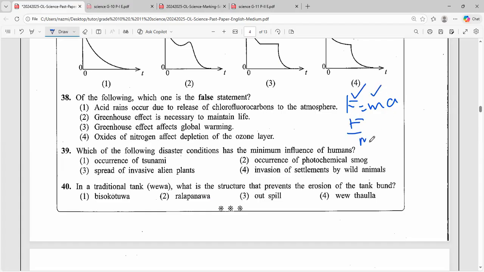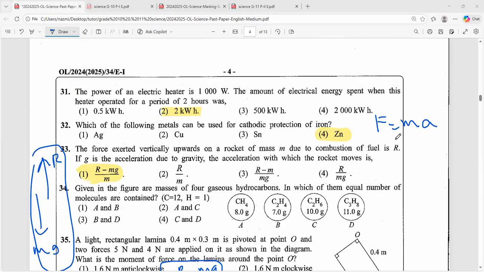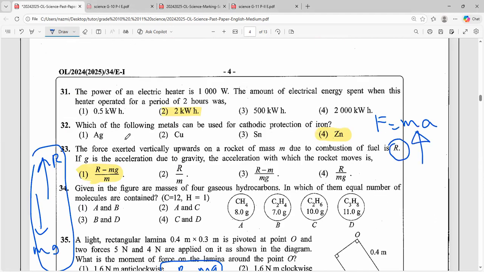Force over mass is equal to acceleration. Now to find the force: they are telling that R is acting upward. A force exerted vertically upward on a rocket is R. So upward R is acting. Then naturally there is weight, no? Obviously the weight of the rocket is mg, that is acting downwards.